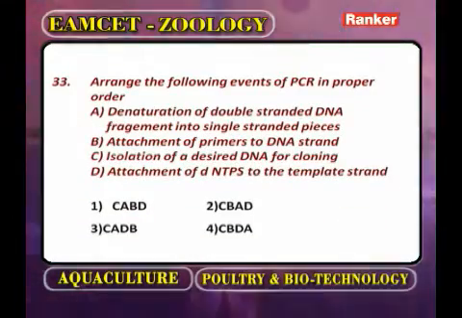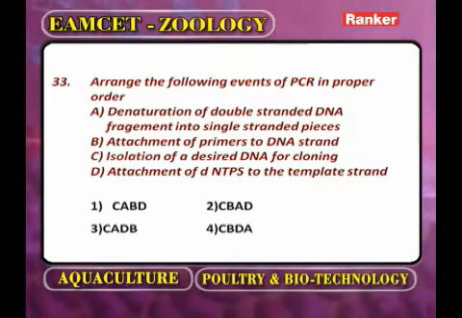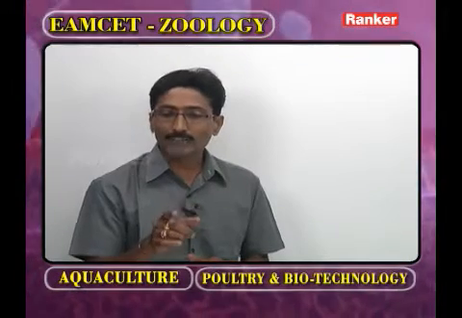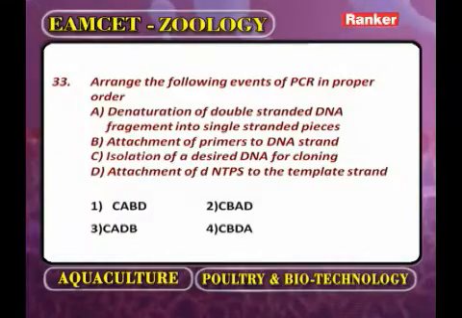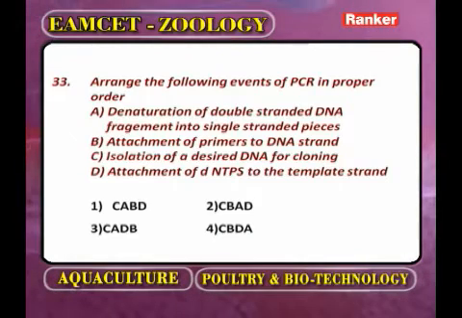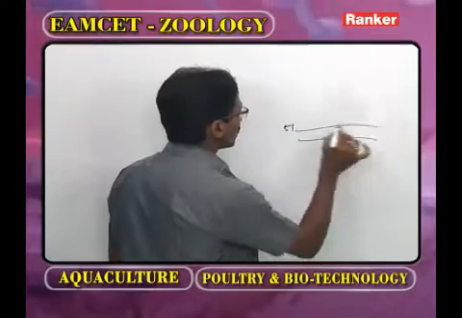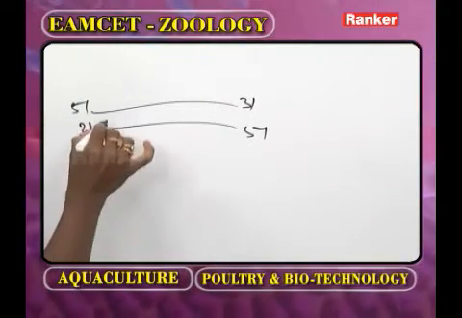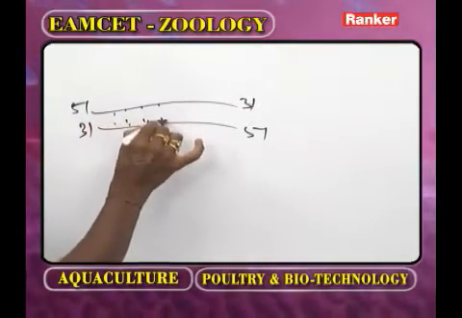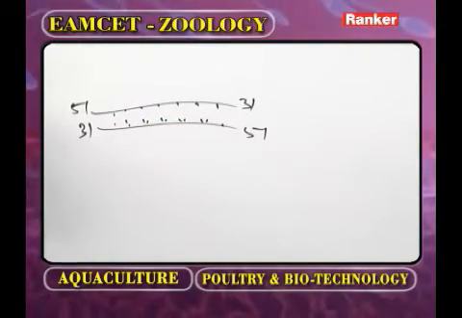Arrange the following events of PCR, that means polymerase chain reaction, in a proper order. Now, this is the DNA strand, 5 3 5 3, connected by hydrogen bonds, as we know very well.